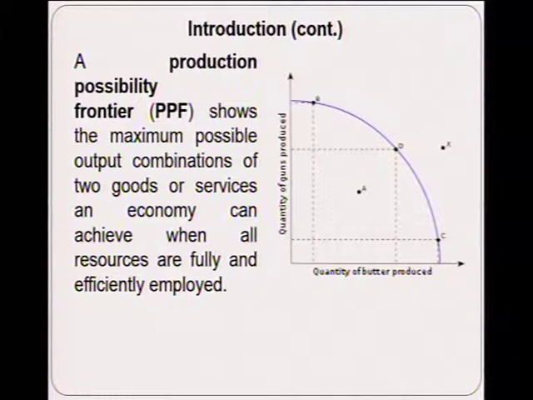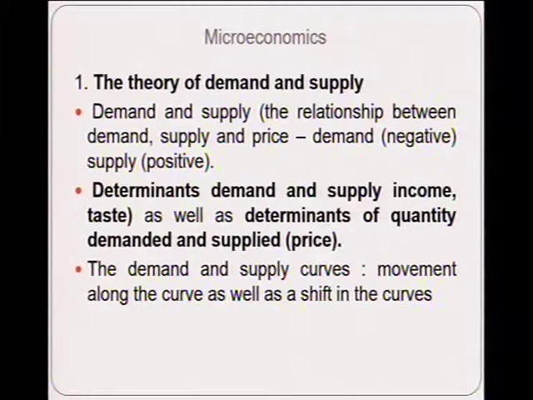If you have more guns produced, you have less butter produced, as you can see by the points B, D, and C. Point X is outside the curve, and points at that level show that the combinations are not attainable. So when we're looking at the PPF, we're looking at an economy given two resources. How can we efficiently maximize those two resources?